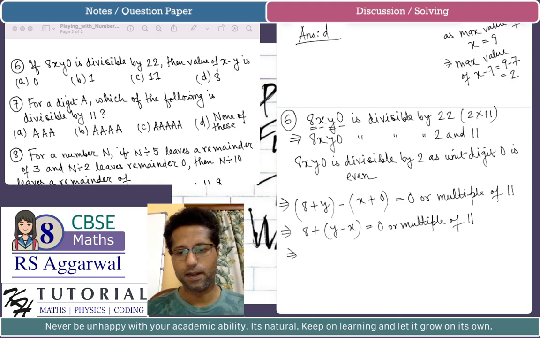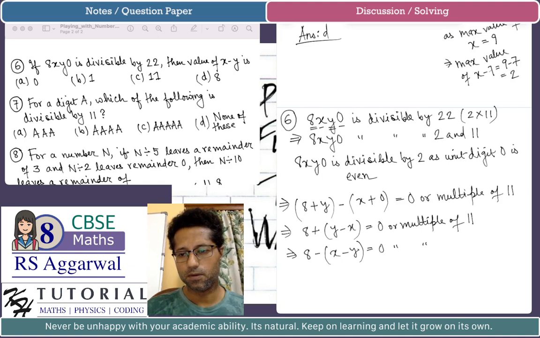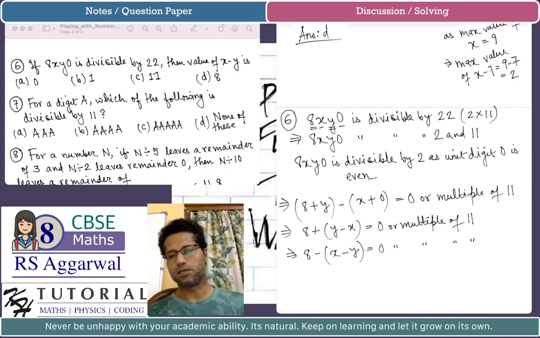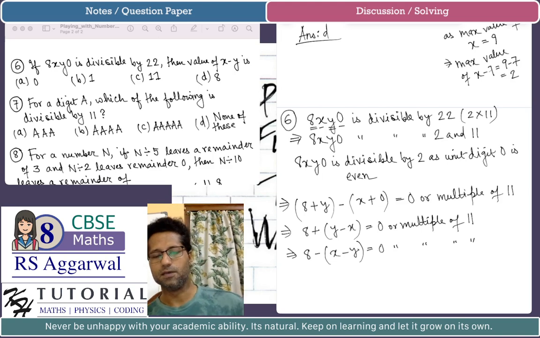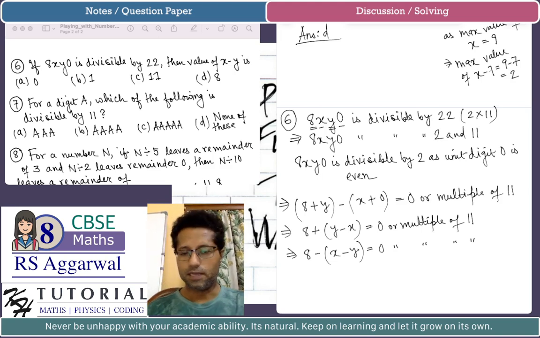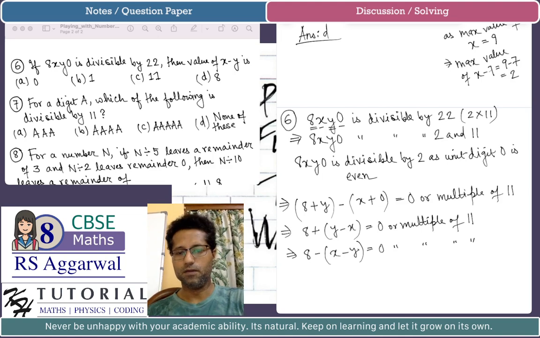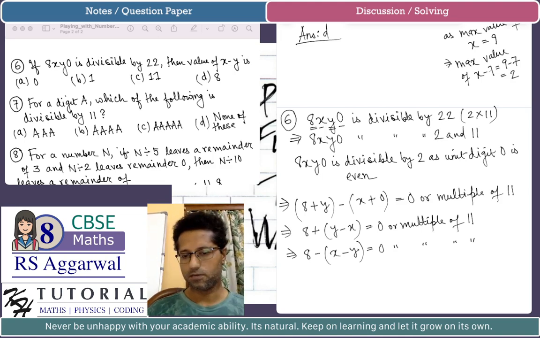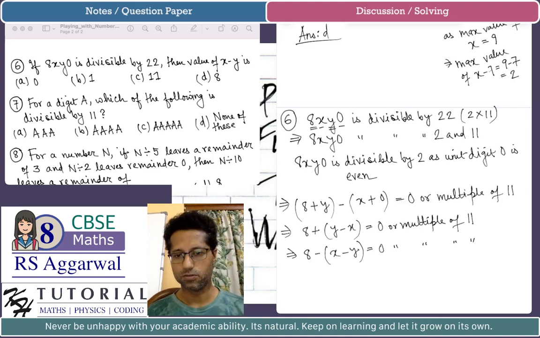We can rewrite this as 8 minus x plus y is equal to 0 or a multiple of 11. If this expression is equal to 0, then the given number will be divisible by 11. Also, if this expression is a multiple of 11, then also the given number will be divisible by 11.